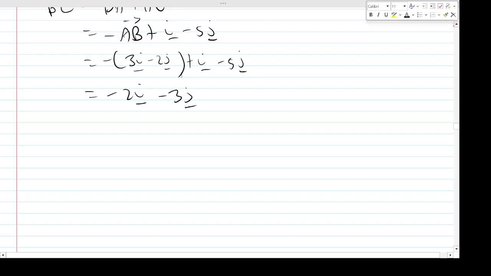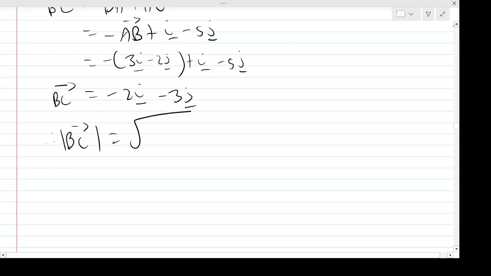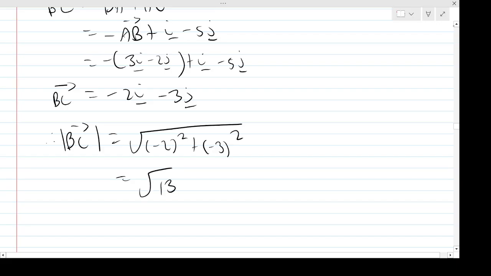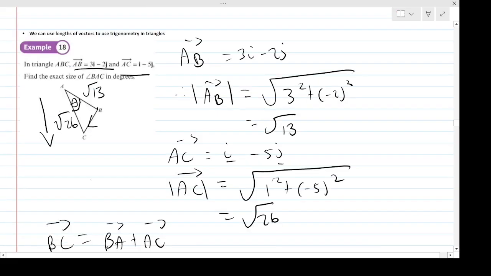And there we are, that is my vector B to C. So the magnitude of that, the length of side BC, is going to be the root of minus 2 squared plus minus 3 all squared, which will get me root 13. And there we are, we can fill that in. BC is root 13. So now we know we have all three sides.